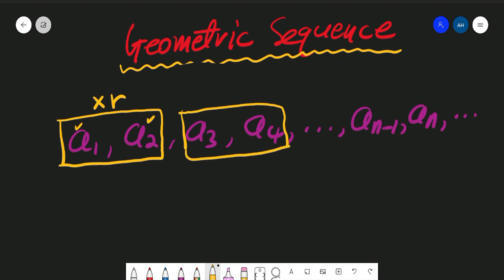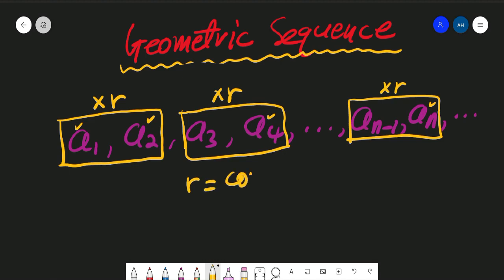To find A4, we have to multiply A3 by, again, the same number R. Now, for this pair, to find the nth term, we have to multiply the n minus 1 term also by that special number R. Now, that number R is called common ratio.